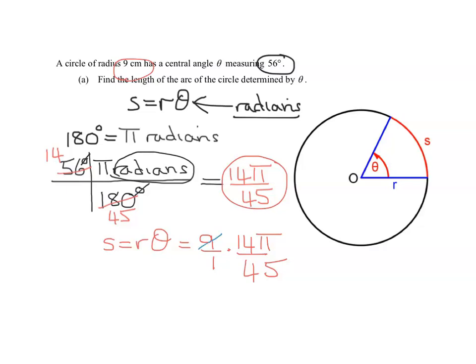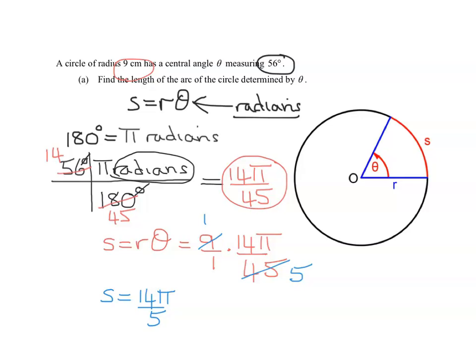I think 9 goes into here once, 9 goes into 45 5 times. So finally, what is my arc length associated with 56 degrees on a circle of radius 9 centimeters? If I want the exact answer, it's 14 pi over 5, because as you can see, I have 1 times 14 pi in the numerator, which is 14 pi over 1 times 5 in the denominator.